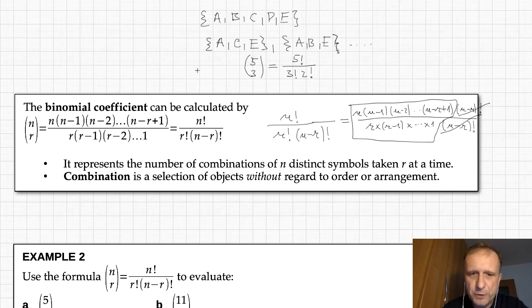There are groups of symbols, there are selections of objects, that take this order very seriously, and these are permutations. But this is not about permutations, this is about combinations.